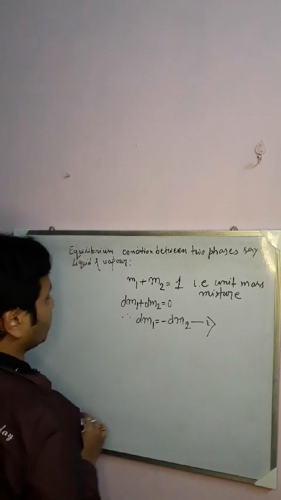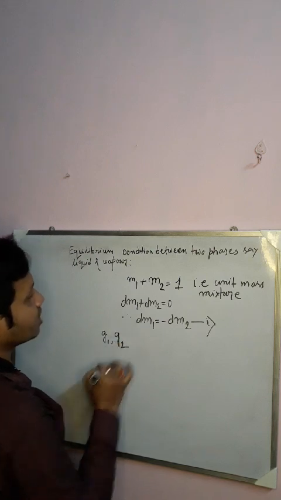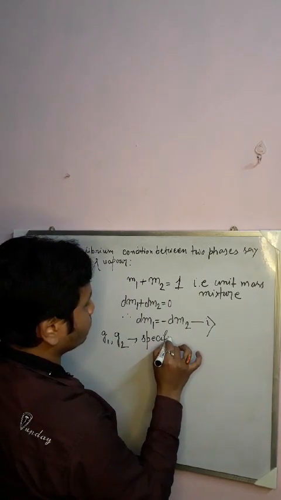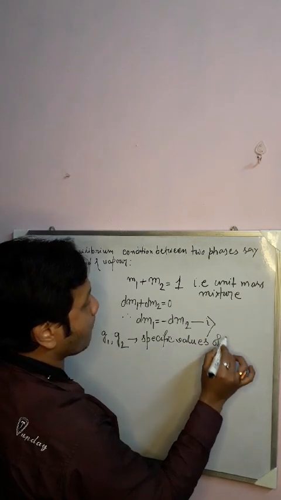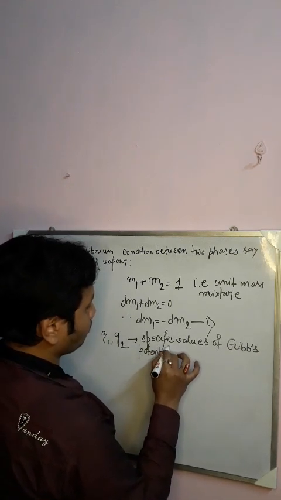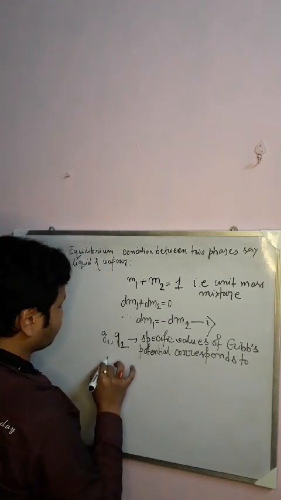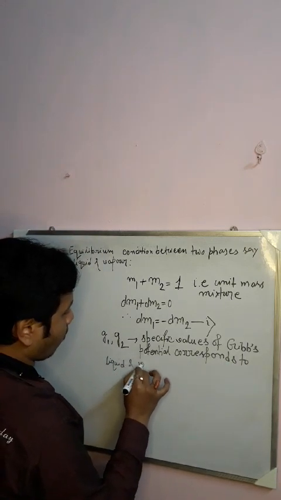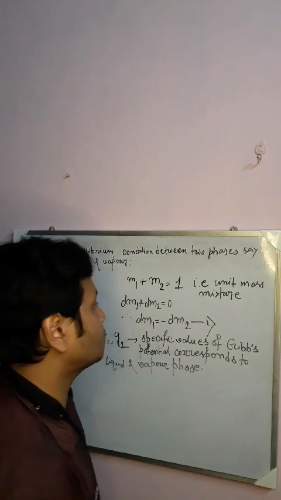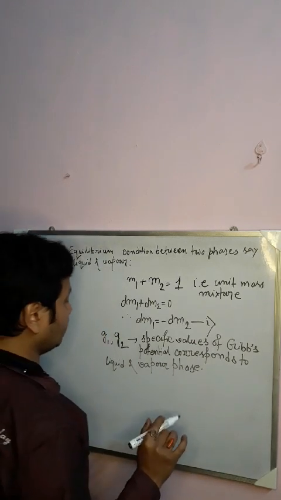Now, if g1 and g2 represent the specific values of Gibbs potential corresponding to the liquid and vapor phases, then what can we write?